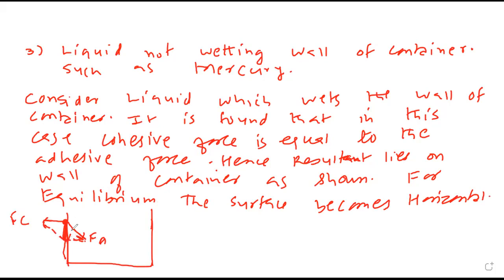Is it on the wall of container? This resultant. So liquid surface will become horizontal, so that surface and the resultant is always perpendicular for equilibrium. So that's why, because resultant is vertically downward, surface becomes horizontal. Write this much and draw diagram.